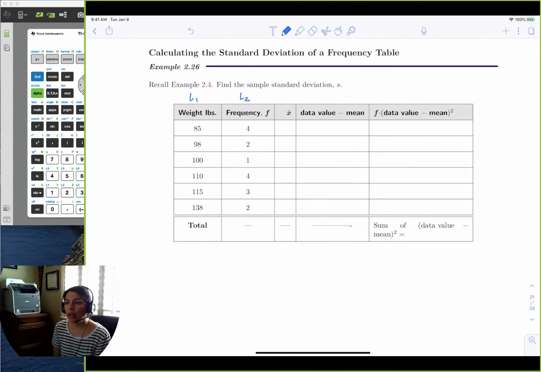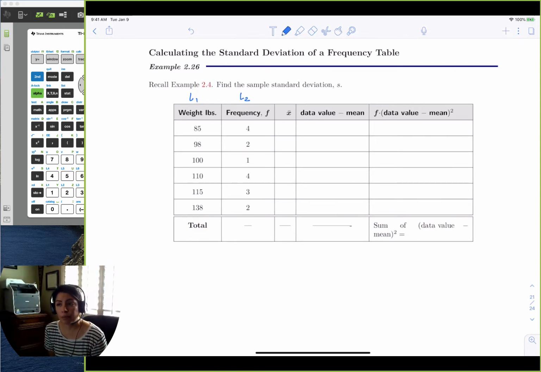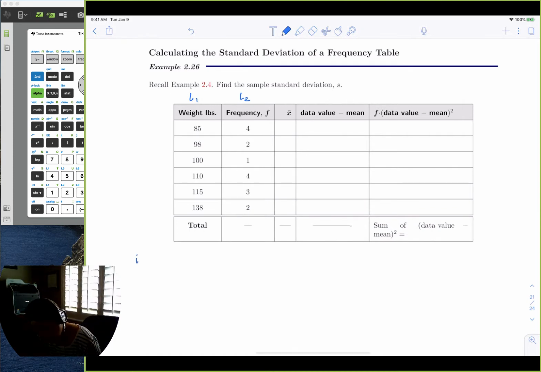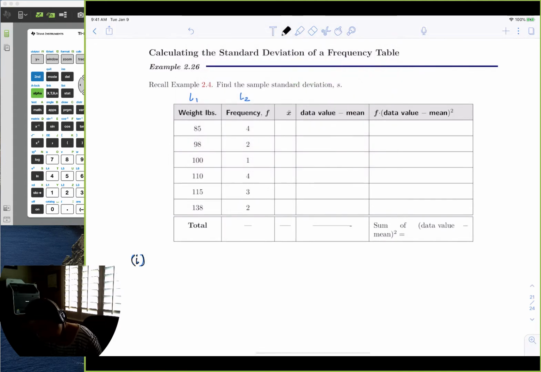Now recall that we did know the sample mean from example 2.4, we already found in the previous, we found that and the median, and that was 106.0625. So the first thing we need to do is make sure we find the sample mean.